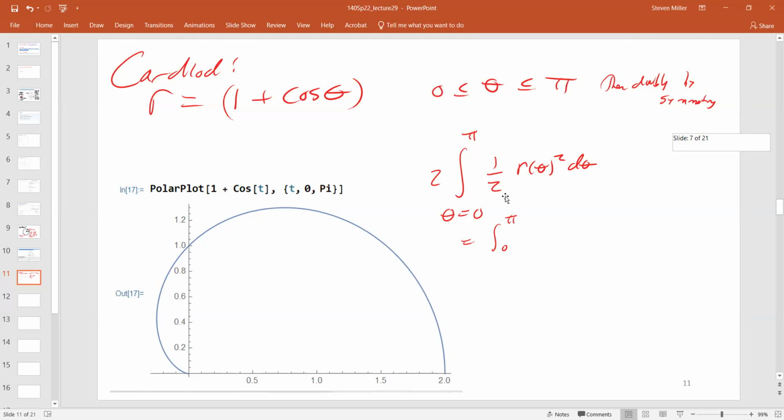So r of theta is 1 plus cosine theta. And so how would I integrate this? I've got the integral of 1 plus cosine theta squared d theta.